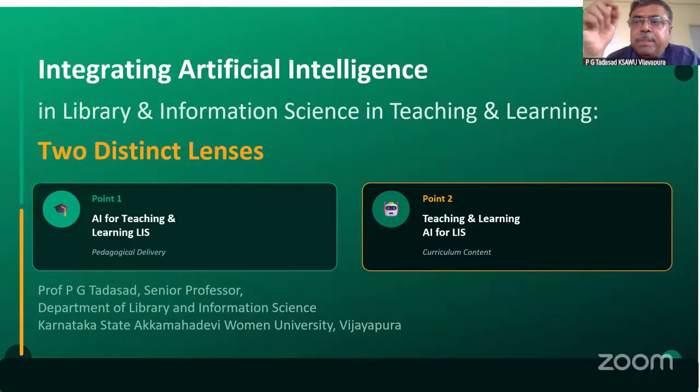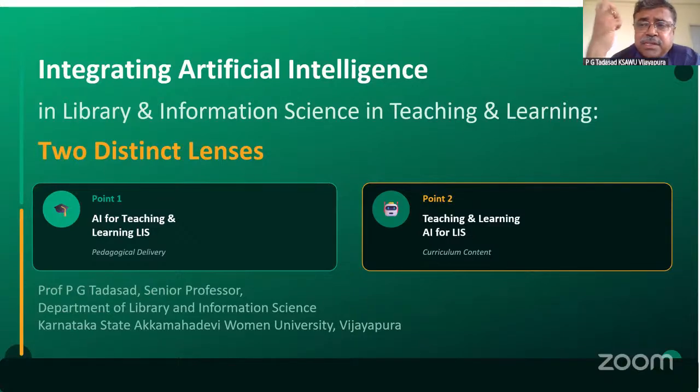It does not represent the employer's needs. At the same time, there is one more argument that the LIS curriculum is too heavy. These are the views of different professionals in the group. One says teachers are not competent enough to handle ICT-based classes. Second, it lacks relevancy. The third one is whatever is there is dumped and the syllabus is too heavy.